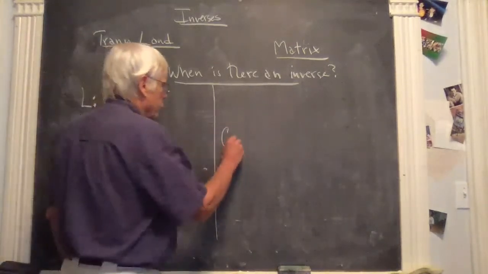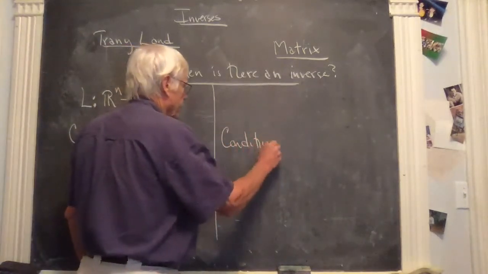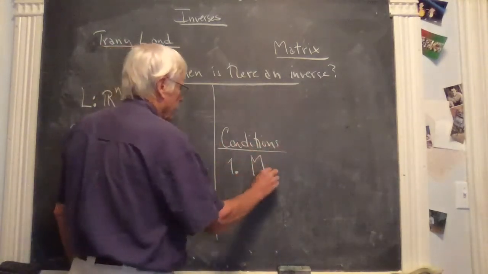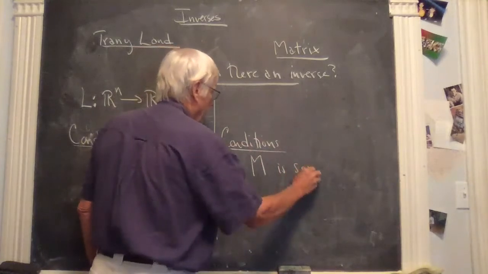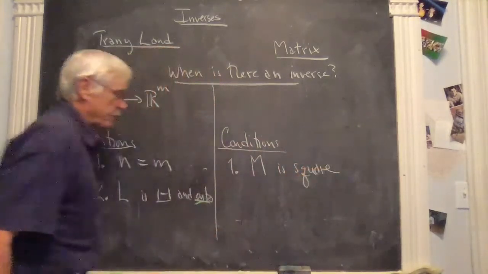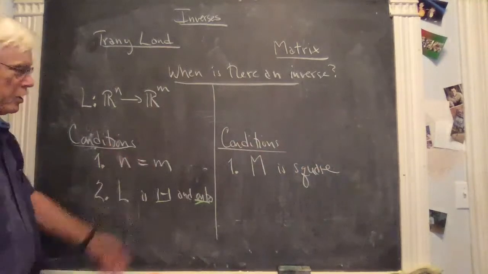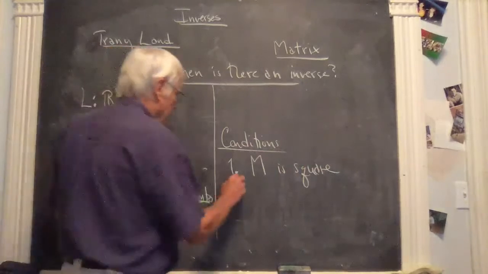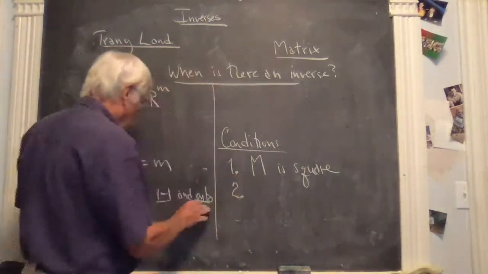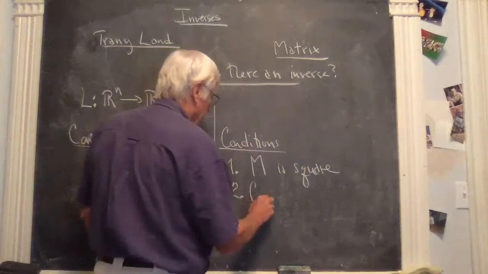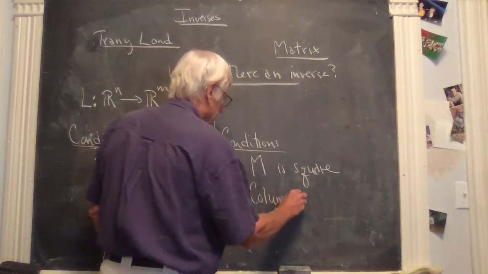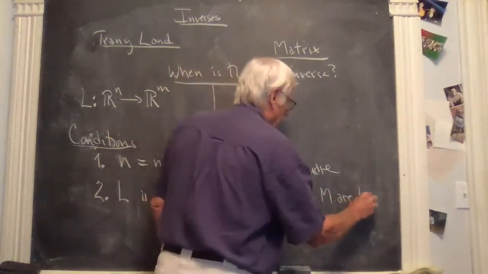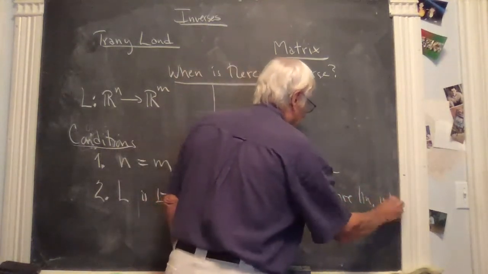And those same conditions over here look a little different, but they're the same. The first one is that the matrix M is square. That's what it means for n to equal m: the number of rows equals the number of columns. And secondly, 1-to-1 and onto says that the columns of M are linearly independent.